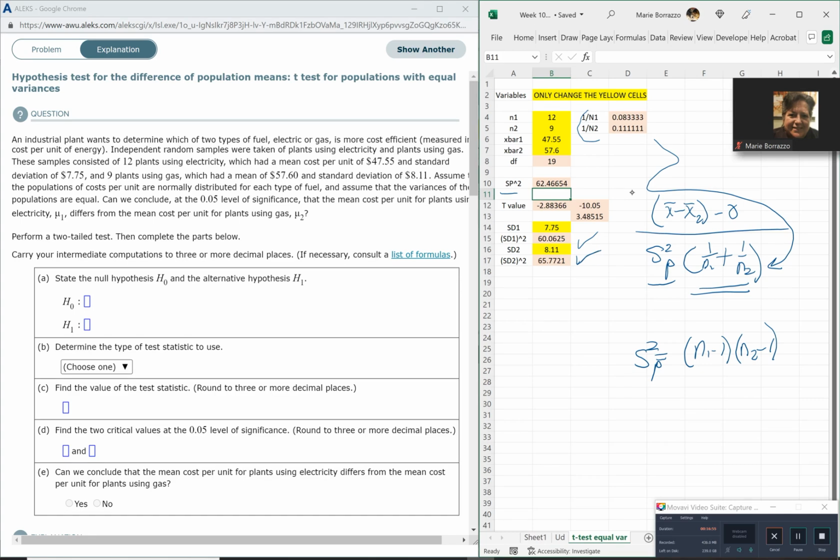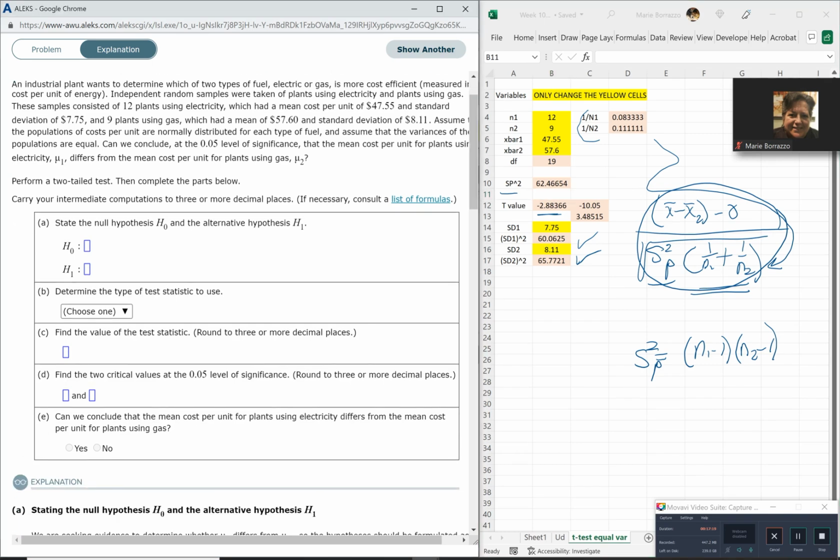Basically, all of this formula is what you will have in here. That's why we simplify it, to make our lives a little more tolerable when we do this type of math. Just remember, this is the square root of all of this. And when calculated, your t-value is negative 2.884.